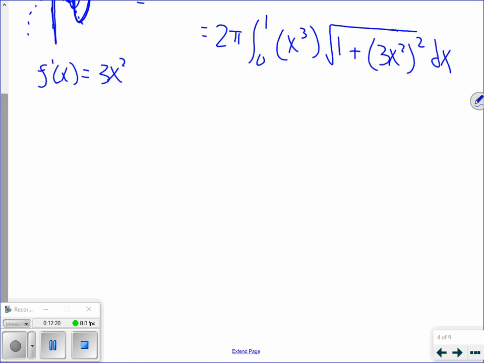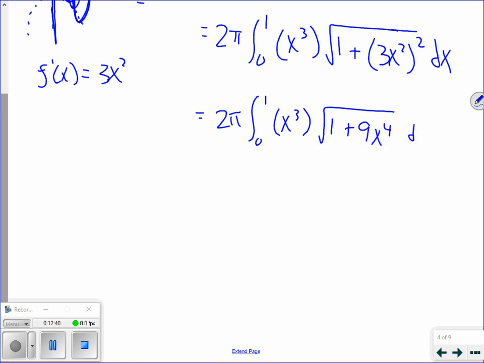Okay, so the setup's not too terrible here. Now we're just going to simplify and integrate. So it's 2 pi integral from 0 to 1 of x cubed. Let's simplify on the inside as the square root of 1 plus 9x to the 4th dx.